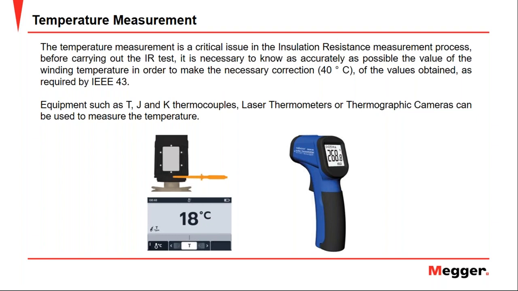Therefore, the IEEE 43 standard establishes that regardless of the winding temperature when the measurement was made, all insulation resistance measurements must be corrected and referred to 40 degrees Celsius in order to have a reference for measurement comparison. That's why temperature measurement is so critical for the insulation resistance test.